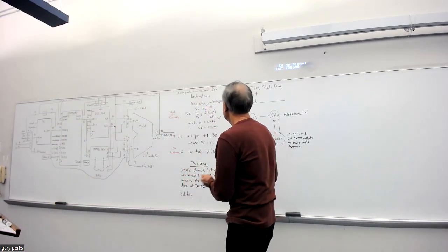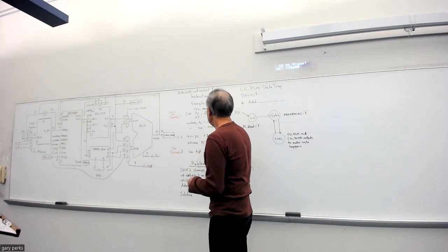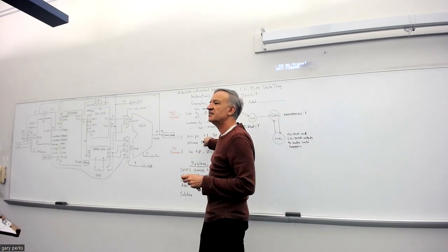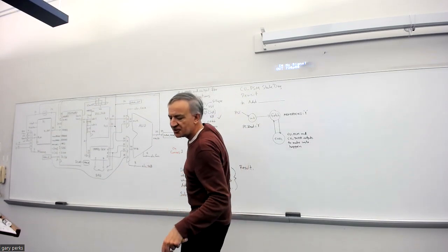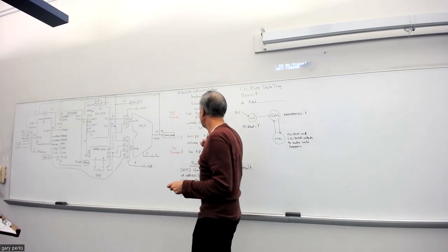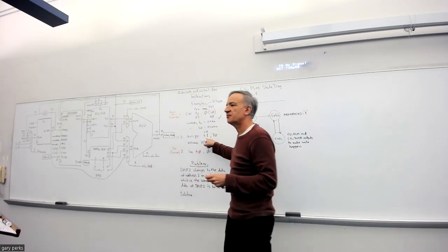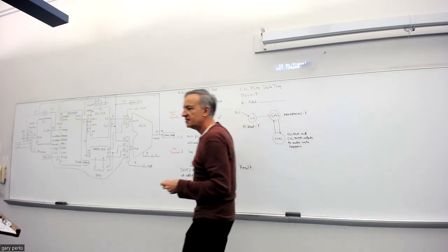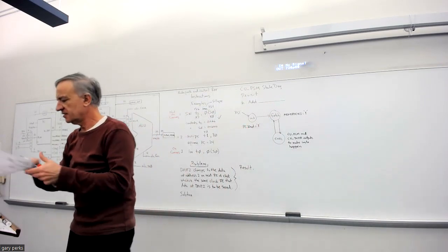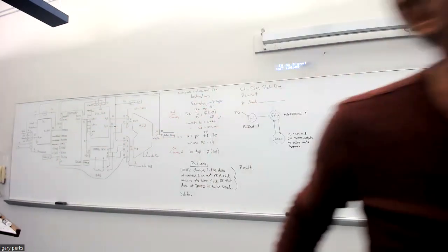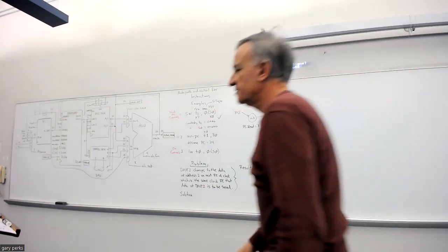Okay, so what's this P1 then? Looking at the form of the instruction, that's the destination register. And T1 is which register? Is it 6?